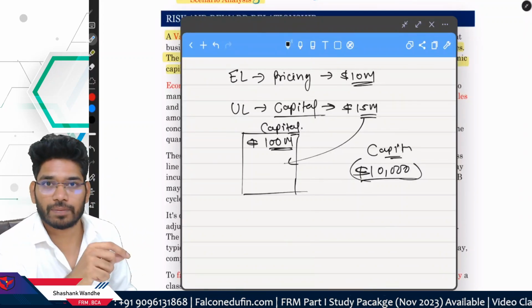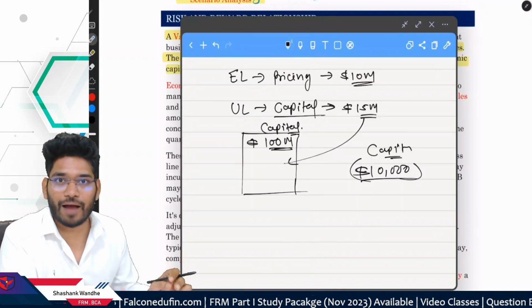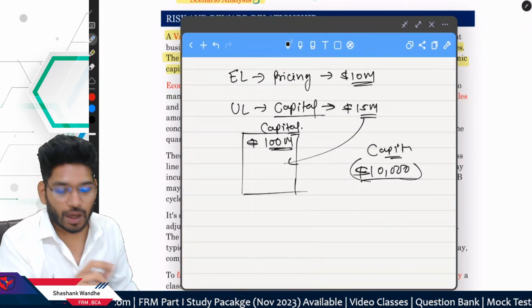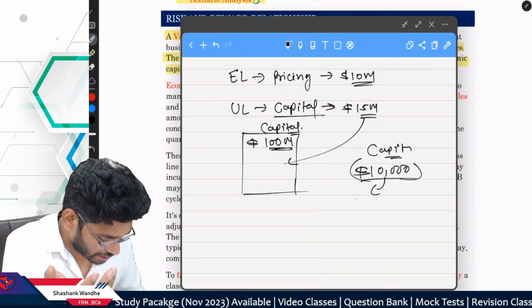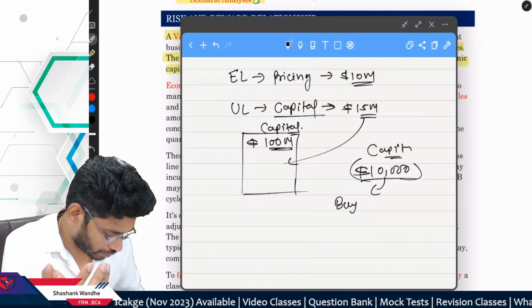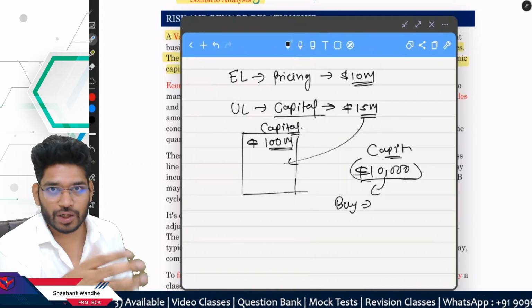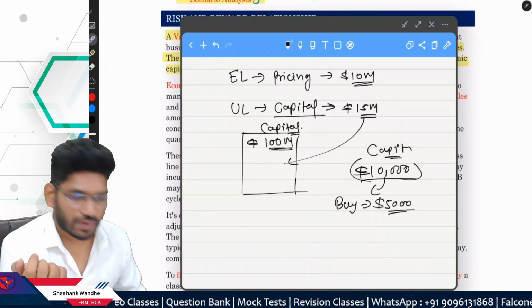Now you want to continue your business. So how will you continue it? Obviously you have the shop, but you have new losses which were unexpected. You never expected this. So now you can use your capital to buy new packets of ice cream which you can sell and continue your business. When you buy new packets, assume it costs you $5,000.